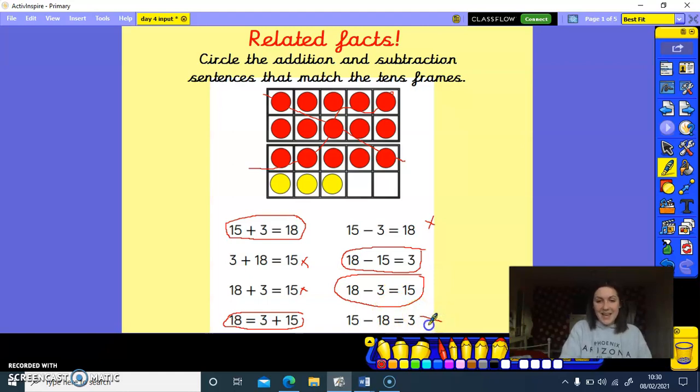It's not the biggest number at the start. Okay, so that is one of your challenges today, to go through the number sentences and pick out the ones that make sense. There'll be 4 because you can have 2 addition and you can have 2 subtraction, and you are bringing in all the skills we have done so far, thinking about addition and subtraction and how a number sentence should look.